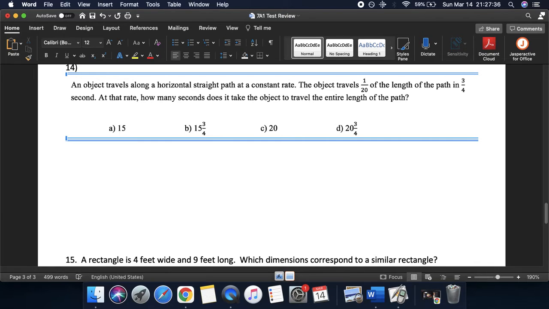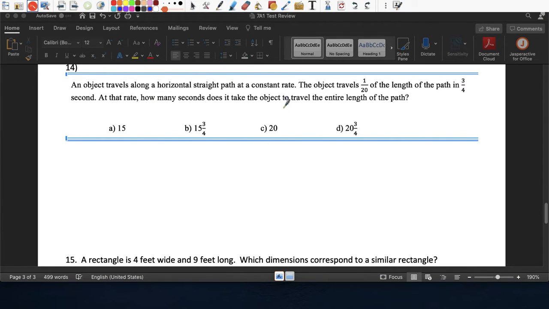At that rate, how many seconds will it take for the object to travel the entire length of the path? The tricky part here is knowing who to write in the numerator and who to write in the denominator. They're asking us how many seconds it takes for the object to travel the whole length.